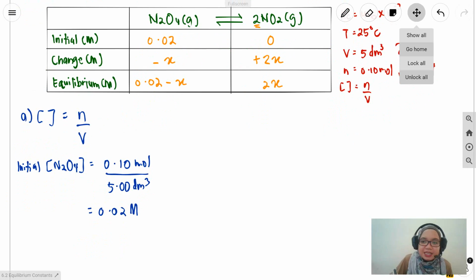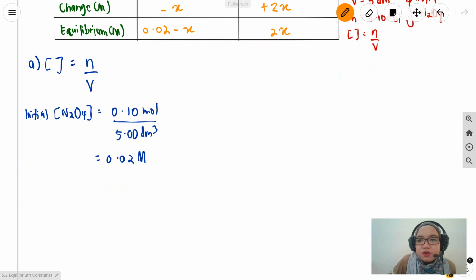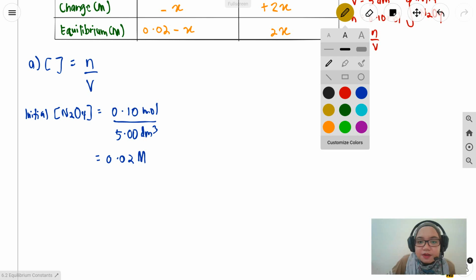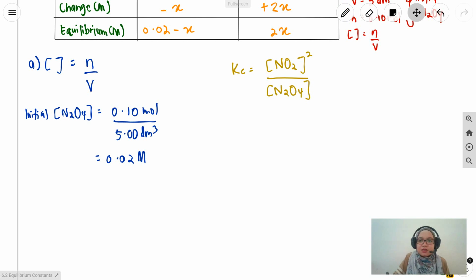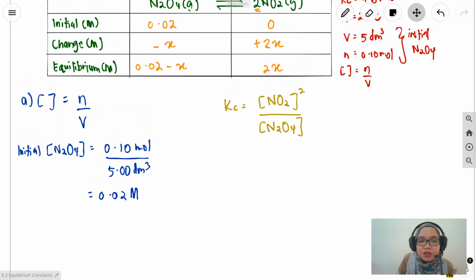So you know that Kc is equal to the concentration of nitrogen dioxide squared over N2O4. Now, at equilibrium, this is where you need to focus. This is the concentration at the moment. So you need to substitute this unknown inside this one.